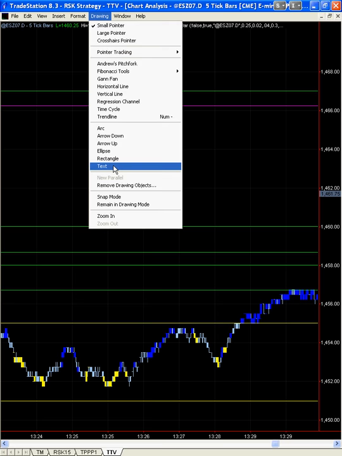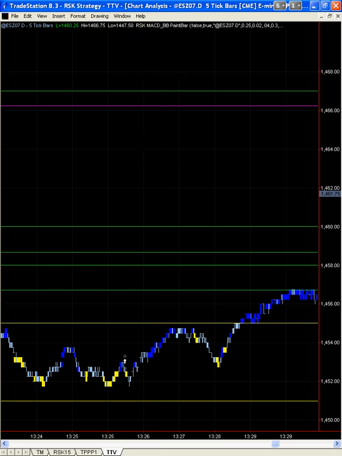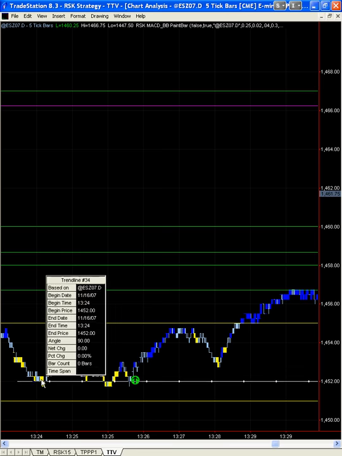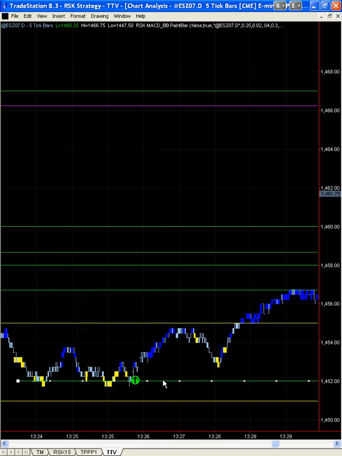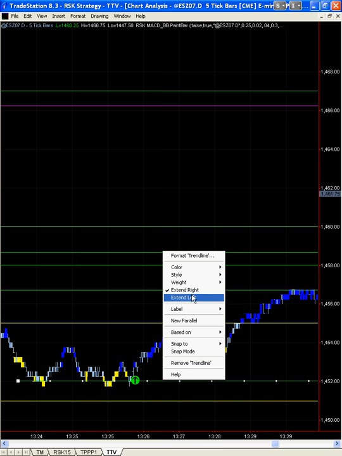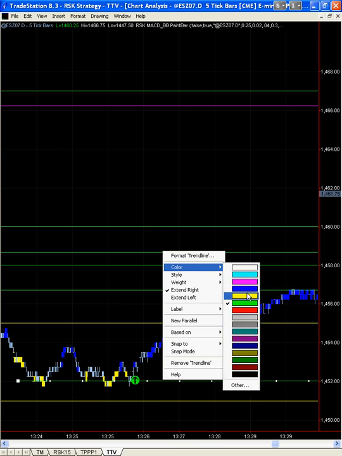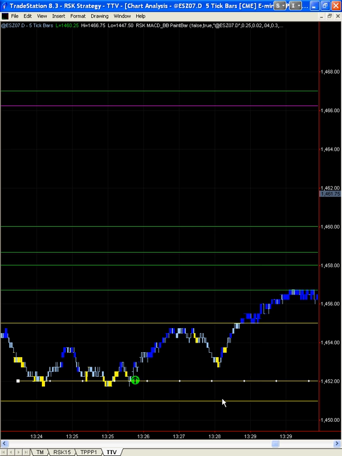It's likely going to be coming back on us. So, had we gone long, let's get rid of this yellow line. Yellow line was created a long time ago.